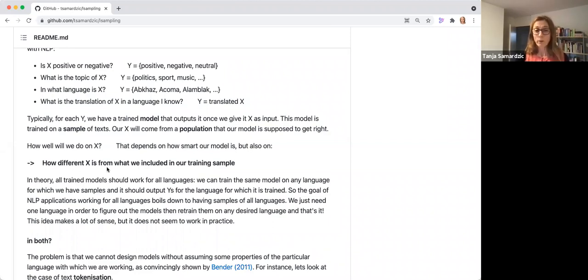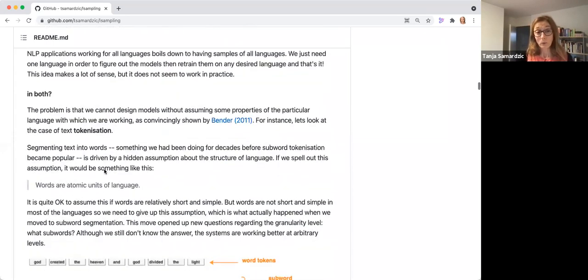So our model will do well if the text that we see is not a big surprise to it. If we had a nice representation of the population in our sample, our model will have a better chance to do well. So that's the reason why we need good sampling in NLP.